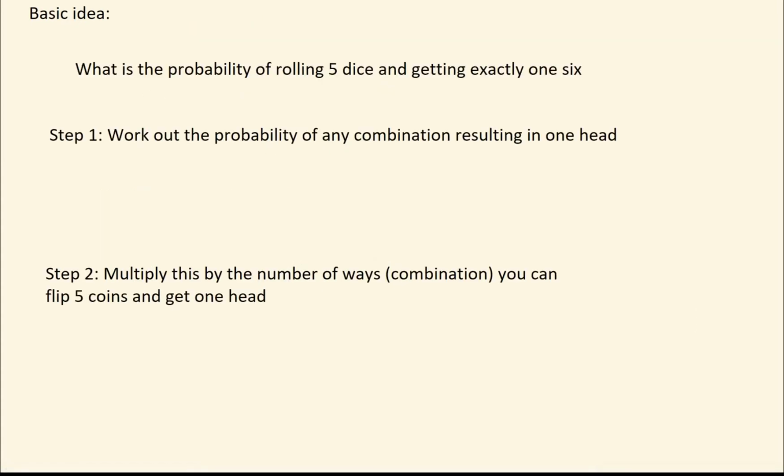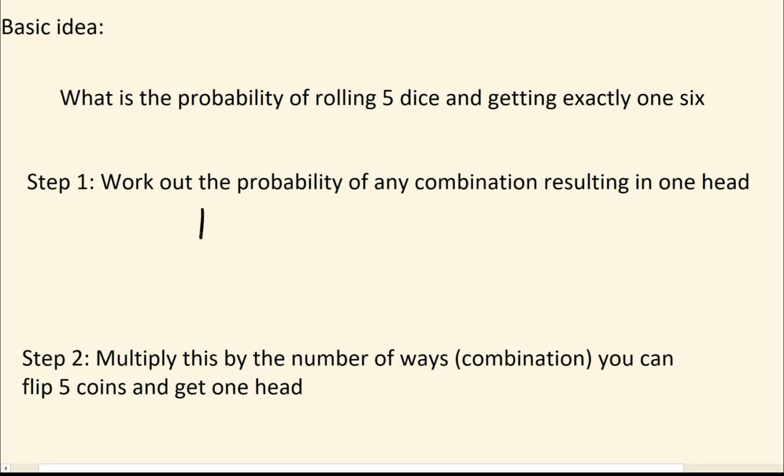Okay, let's go through the basic idea, and then we'll show the formula as well, and see how those two stick together. If I'm to work out the probability of rolling 5 dice and getting exactly one 6, you basically break it down into 2 steps. Step 1, we work out the probability of getting any combination resulting in one 6.